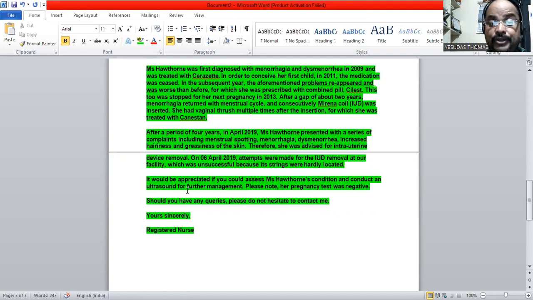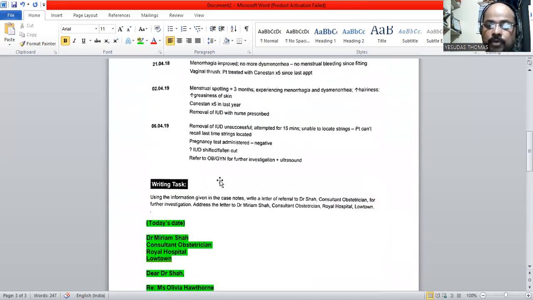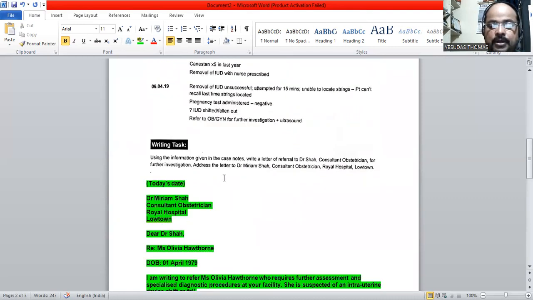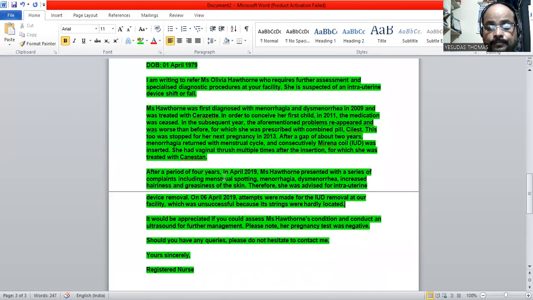It would be appreciated if you could assess Miss Hawthorne's condition and conduct an ultrasound for further management.